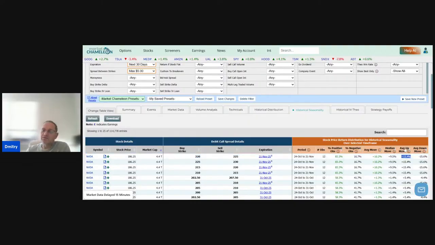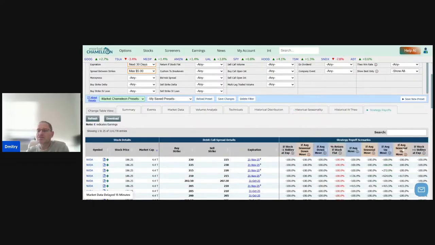It just happened to be up more often. But even if we took the average move up of 15%, it's still not enough here. So you could see it does need to go up a significant amount. That's the average seasonal move up, and then you have the average seasonal move down.